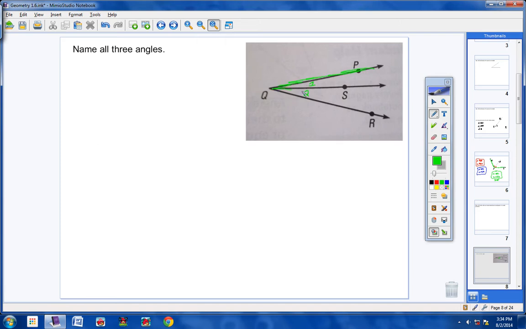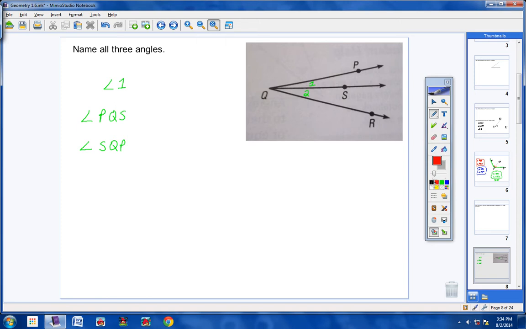I'm going to highlight it in green, and I'm going to give angle 1 a name. Okay, so here we go. Angle 1 can be called angle PQS. Again, you can work ahead or you can watch me, or we can call angle 1 angle SQP. PQS or SQP.